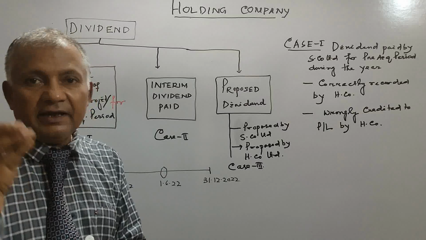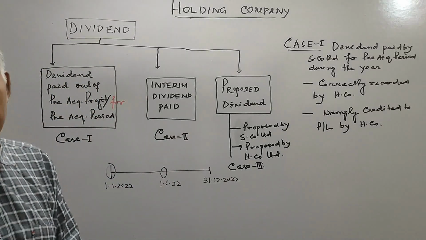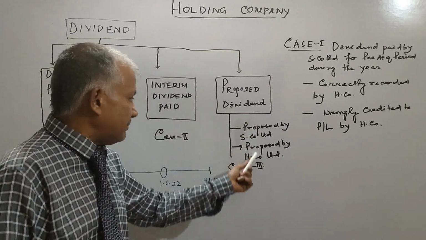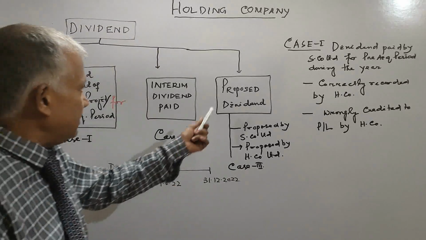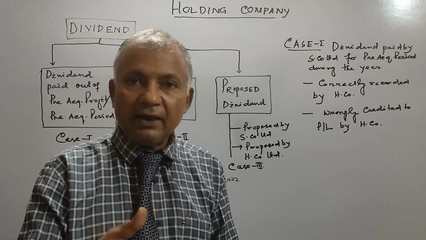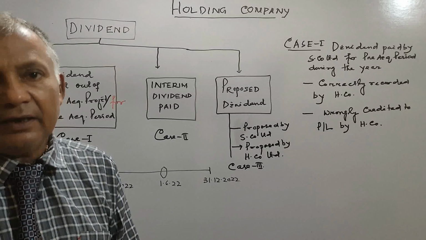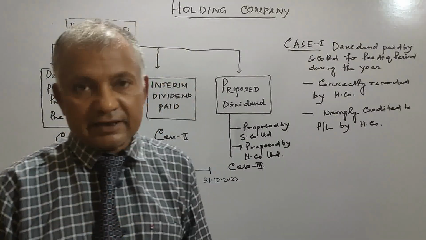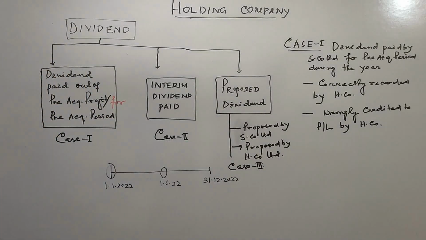They pay interim dividend for the current year for certain period, and at the end of the year they propose the final dividend, and the final dividend if proposed, then it is sanctioned by the AGM, annual general meeting. Then it becomes a liability. After that it is paid. So this is your proposed dividend.